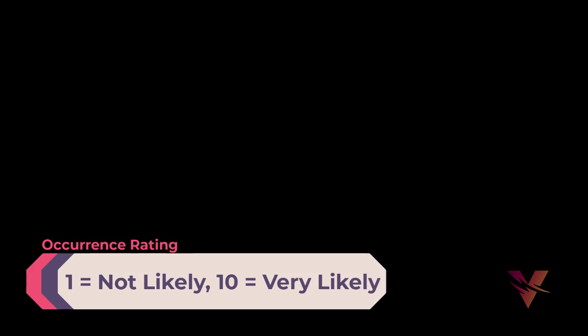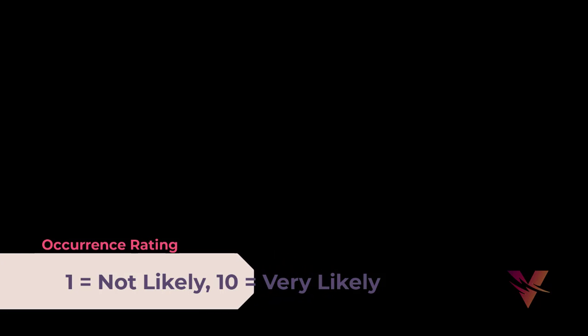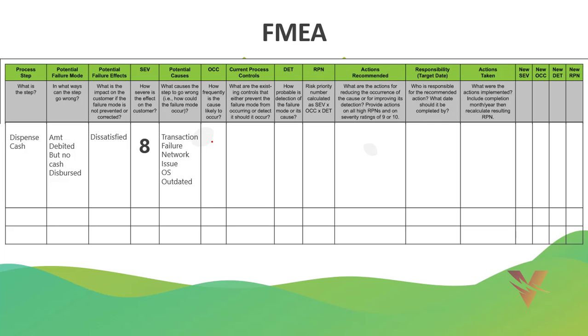So how much can I give for occurrence? For this example, I will take it as 7. On a scale of 1 to 10, I will give 7. So in 10 customers, 7 customers are facing this problem. Like this we can give the rating for occurrence.